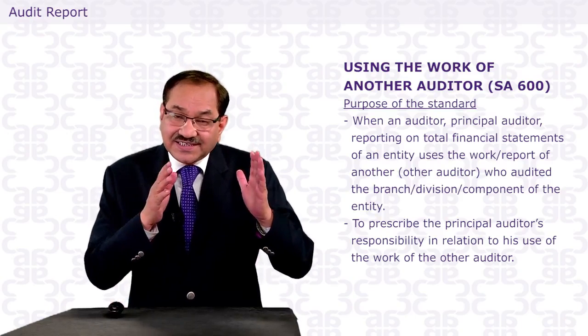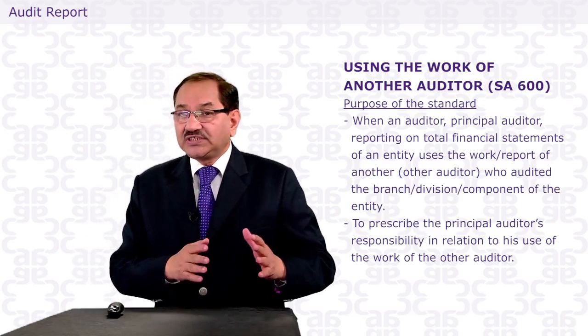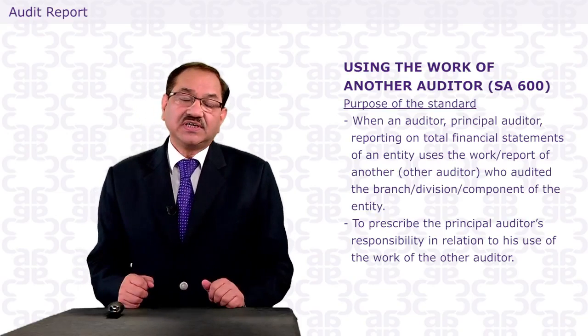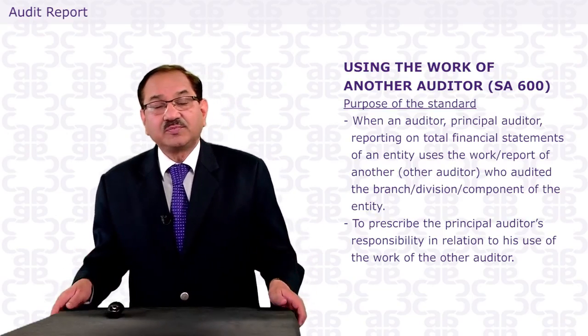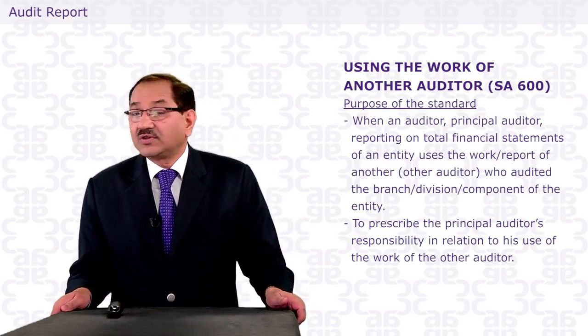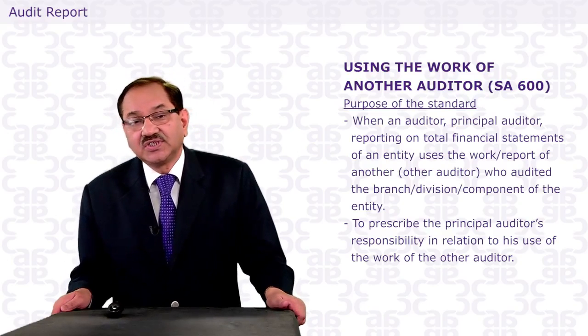And this is SA 600, which also gives the guidelines. The same guidelines apply as when the principal auditor uses the audit report of the branch auditors. He may use the audit report of the subsidiaries' auditors for the purpose of giving the opinion on consolidated financial statements.